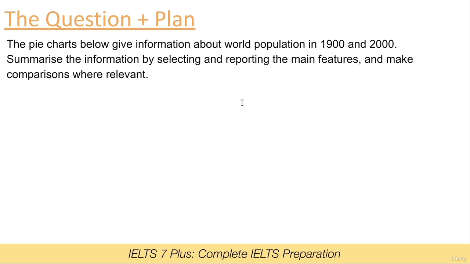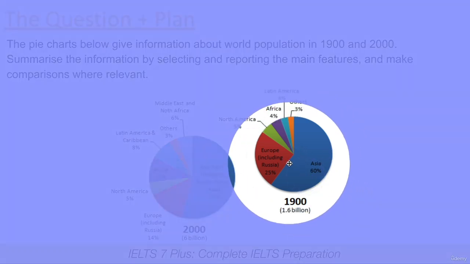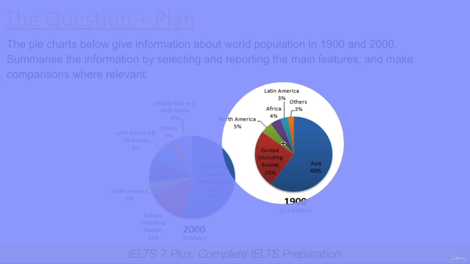So we've got a bit more information about the question here. I think we're ready to see the data itself. Here are the pie charts. On the right, I can do a spotlight. We have the 1900 pie chart: 1.6 billion people in 1900. So initial thoughts then.